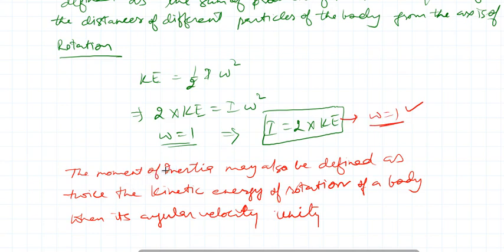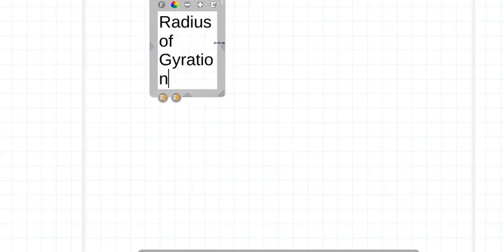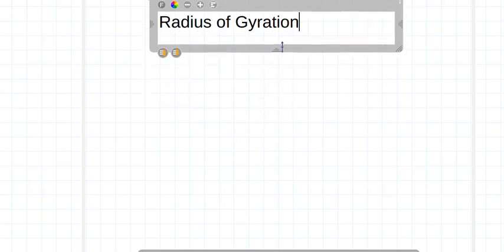Now I will talk about a very interesting concept. This is the radius of gyration, and we will use it so many times. So let me talk about radius of gyration. A rigid body is one in which, if the body is moving, every particle is moving with the same velocity with which the object is moving.